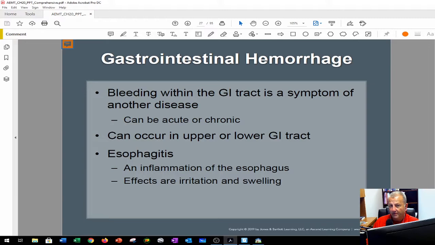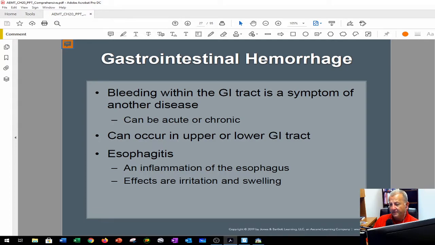Esophagitis, so esophagus and itis, inflammation of the esophagus. That can be brought on by something called reflux, people who have a constant acid indigestion.